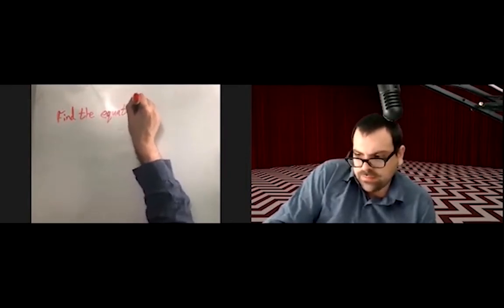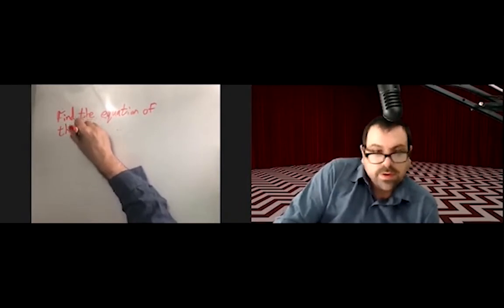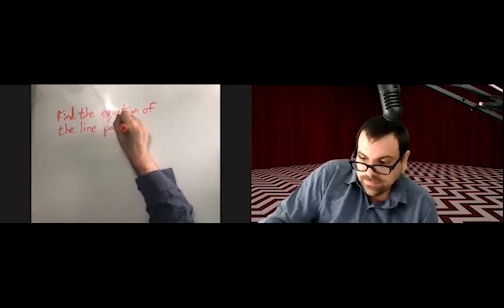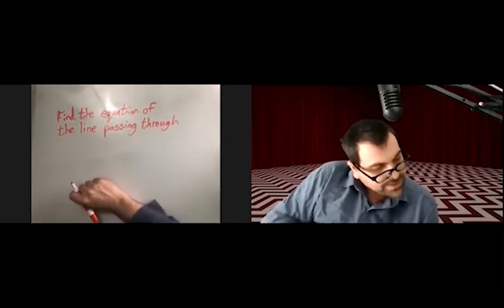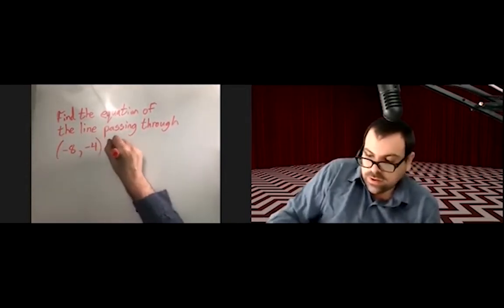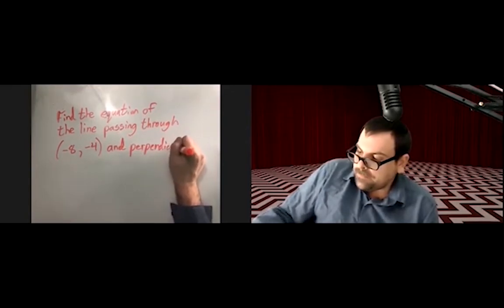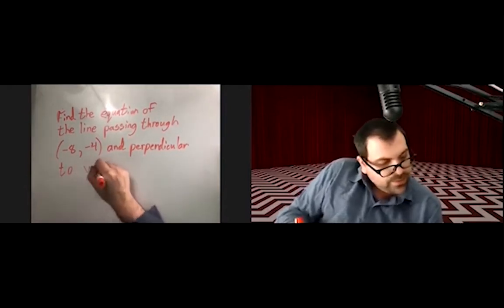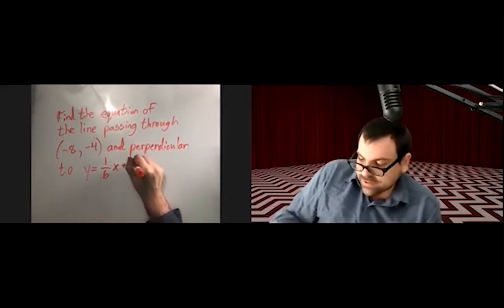Find the equation of the line passing through (-8, -4) and perpendicular to y equals 1/6 x plus 3.